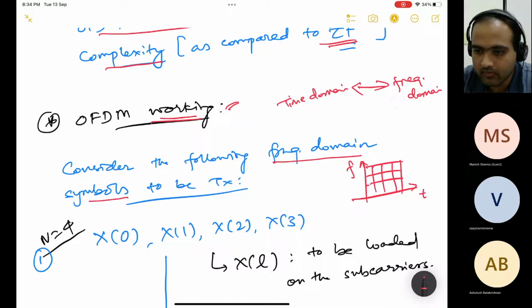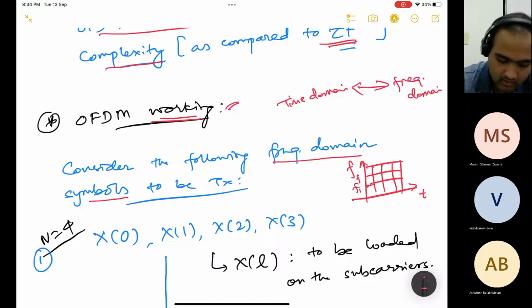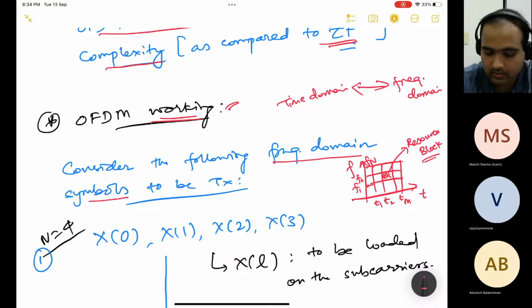You have the frequencies, and these are subcarriers F1, F2, and so on, Fn. Similarly, you have the time slots, say T1 to TM and so on. This is called a resource block. Both time and frequency are involved in a resource block.